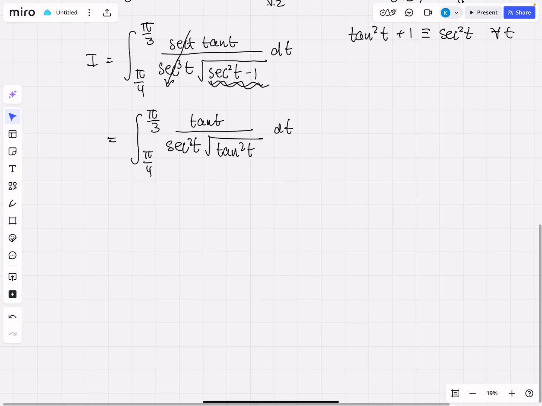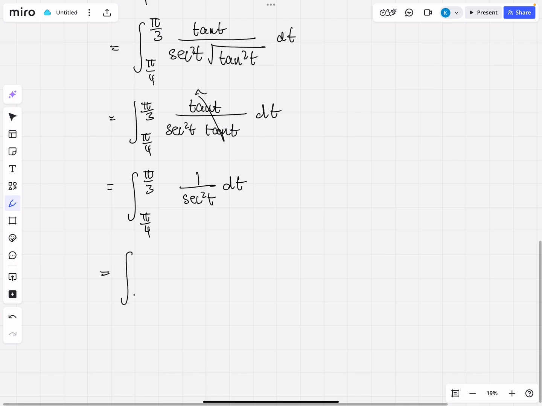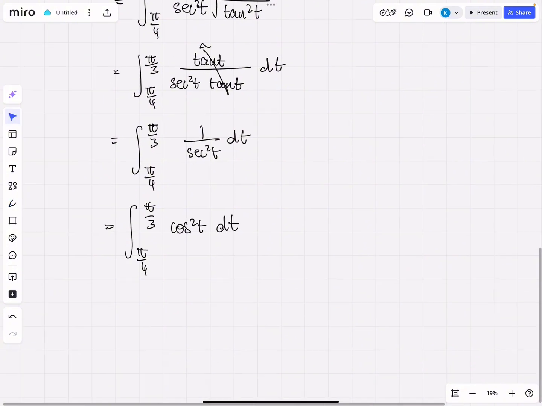And hopefully you can see more cancellations will start to arise. So this is going to give us tan t over sec squared t, tan t dt. Tan t's go. Then we have 1 over sec squared t dt, which is equal to the integral from pi over 4 to pi over 3 of cos squared t dt.